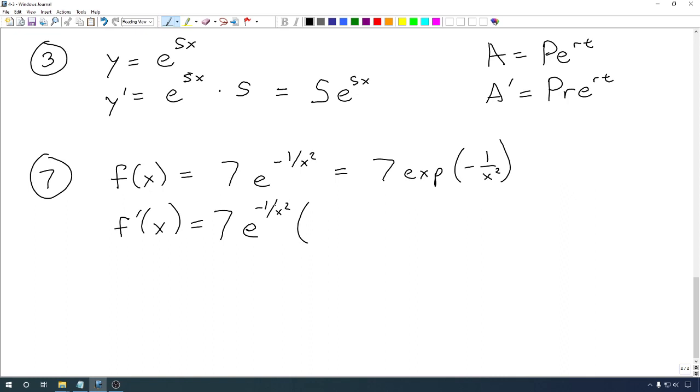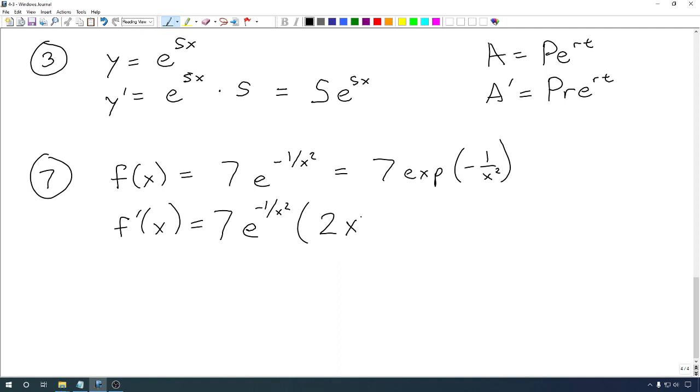Well, remember, 1 over x squared is x to the negative 2 power. So we'll take the negative, x to the negative 2 power. We bring down that negative 2. It's going to combine with the negative that we already have and just give us a positive 2.